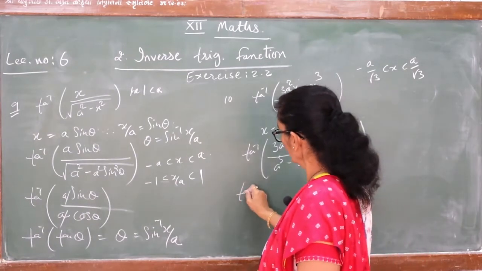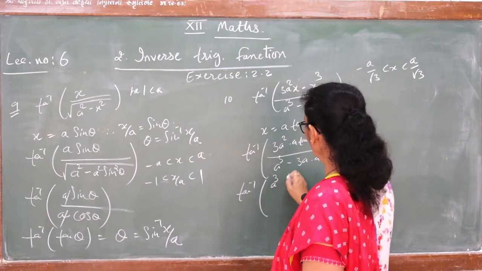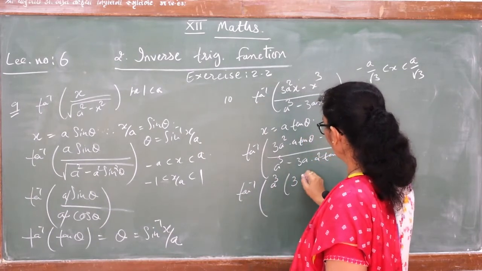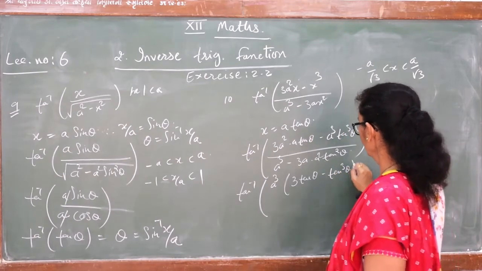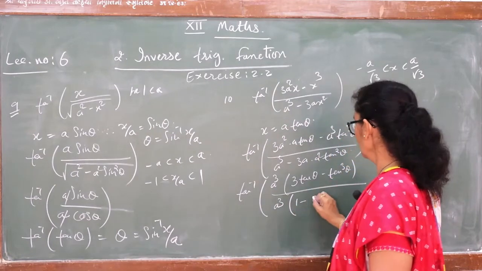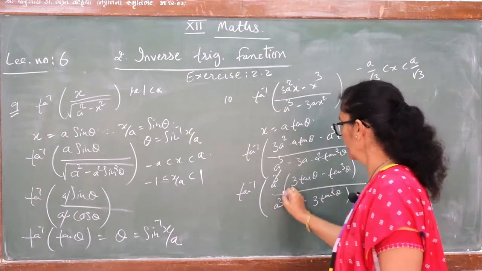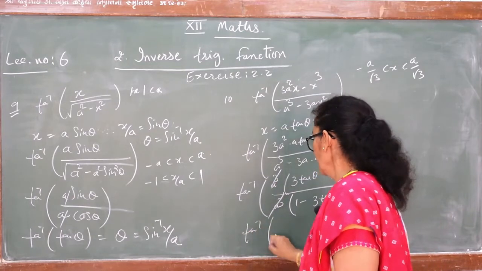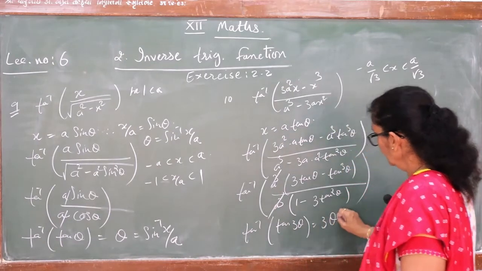Now tan inverse of 3a cube, taking a cube common, (3 tan theta minus tan cube theta), similarly upon a cube common, 1 minus 3 tan square theta. A cube cancels, tan inverse tan 3 theta, tan inverse also cancels, 3 theta.